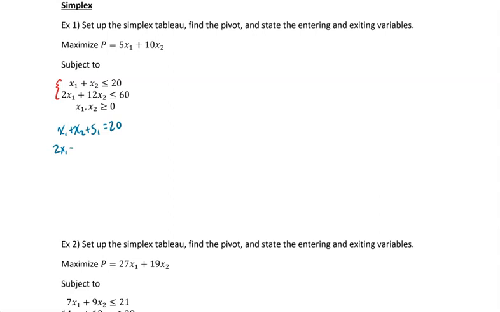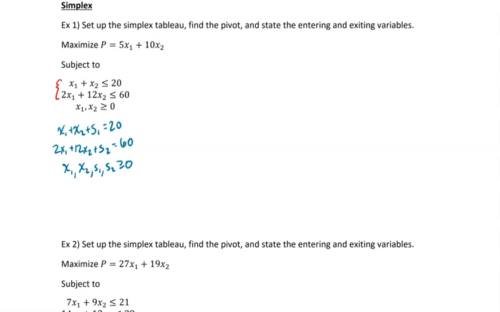Then we have 2x1 plus 12x2 plus s2 equals 60. Remember, the last one we just add on the slack variables, so x1, x2, s1, s2 all are going to be greater than or equal to 0 now.